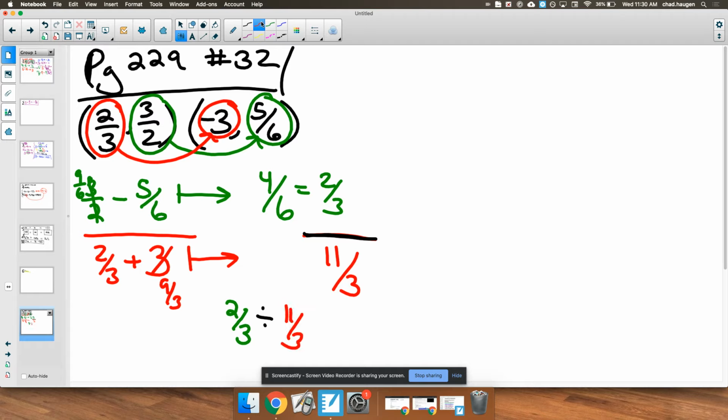So you guys know from the other one that this will be the same as doing 2/3 times 3/11, right? Which is then pretty easy to reduce. We go ahead and reduce that down, and the 3's will cancel, giving 2/11. So that means the slope is 2/11.